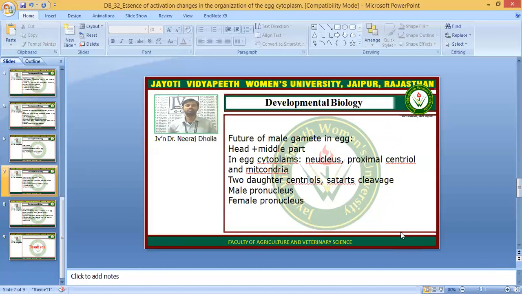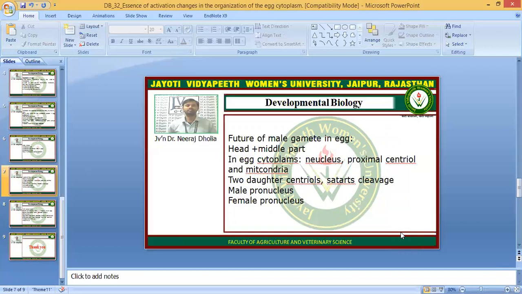Here the nucleus of the male gamete is known as the male pronucleus, and the female is known as the female pronucleus, because the cell is one. There is only one cell and two nuclei.